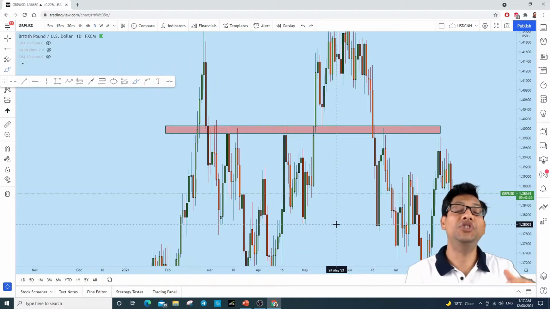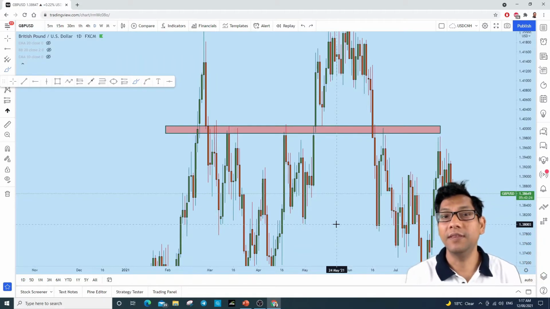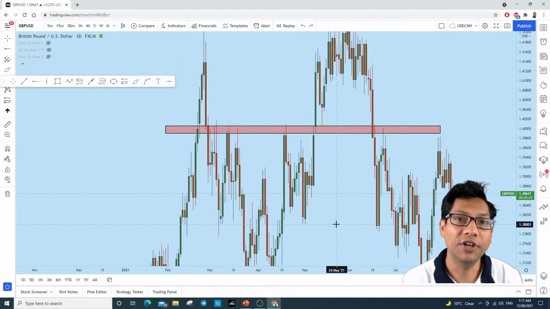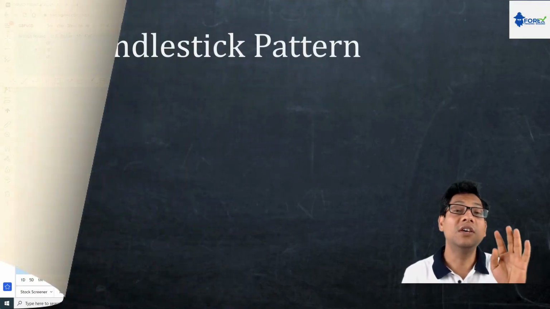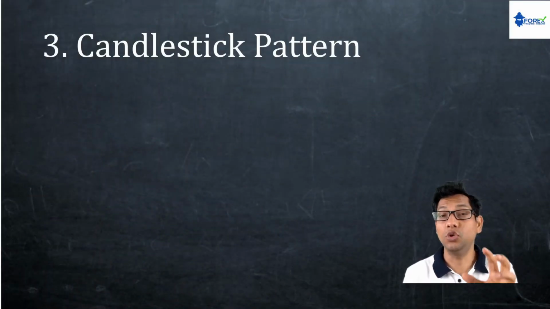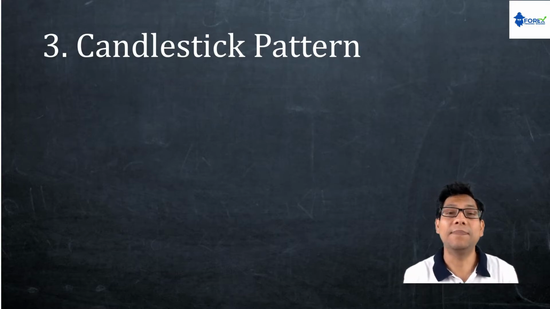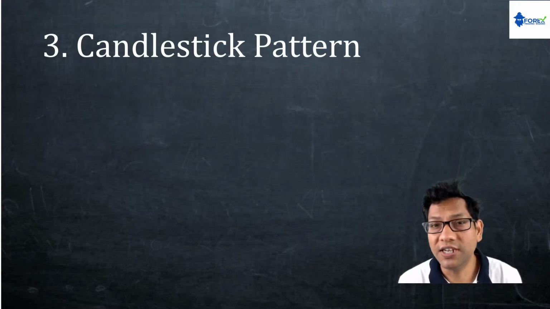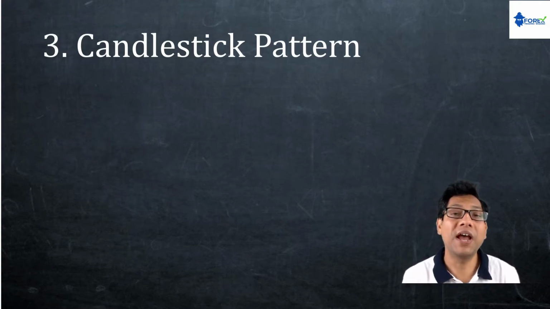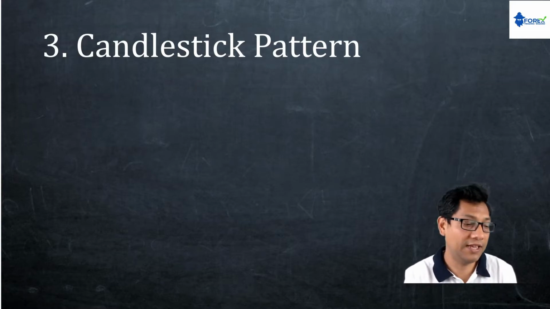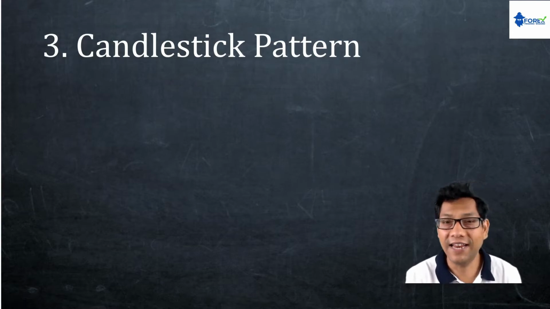Now let's jump on to the third step, what you need to look for in the chart. The third step is to look for candlestick patterns. The biggest mistake most traders make is that they trade based on candlestick patterns alone. Say, for example, they see a shooting star or a pin bar at any point and they go for a buy or sell.